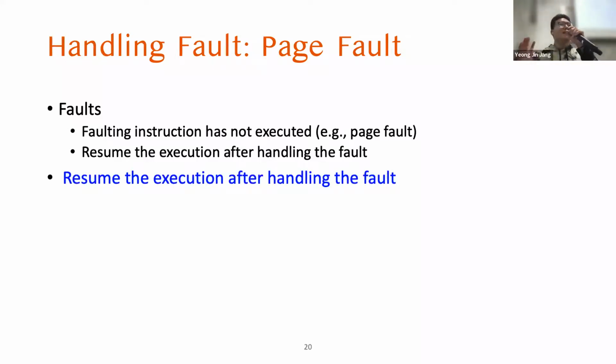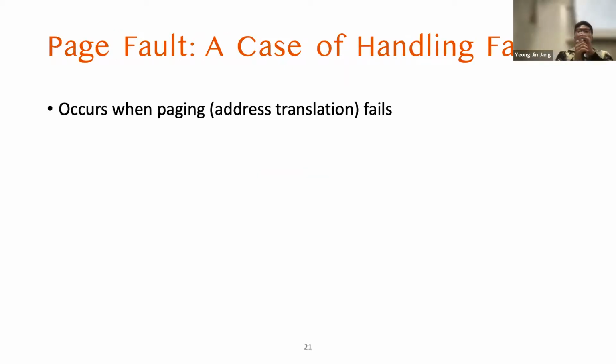But let's take a look at some cases of faults that we can utilize in a good way, with the page fault as an example. The name itself says fault, and that means we can recover and execute the program again. But before that, let's learn about when a page fault happens.